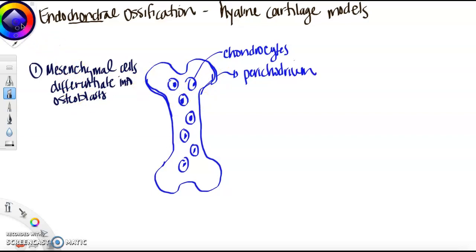So these are mesenchymal cells along the periphery here, basically within the perichondrium, which itself is not cartilage, it's fibrous connective tissue, dense irregular connective tissue. So we have these osteoblasts in there, and they start to secrete matrix.